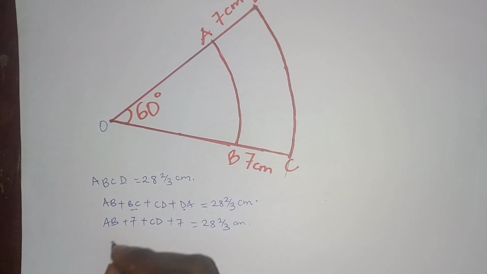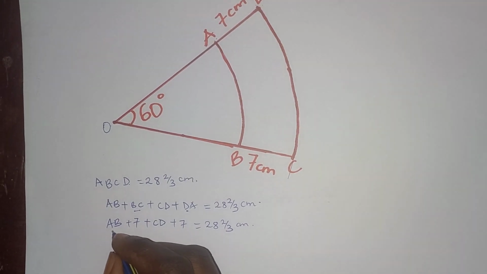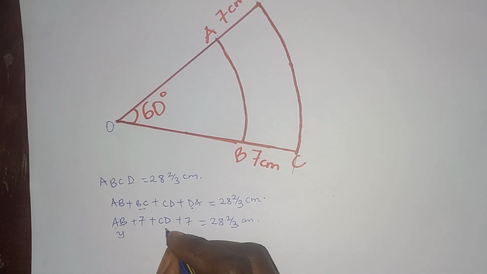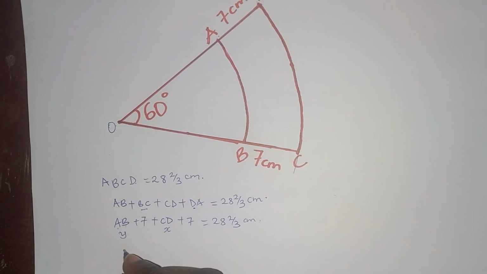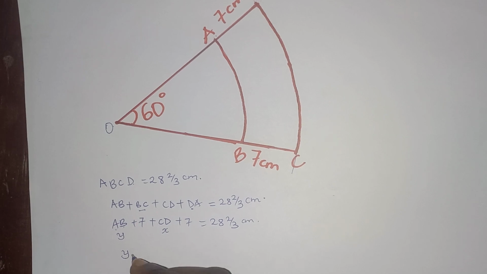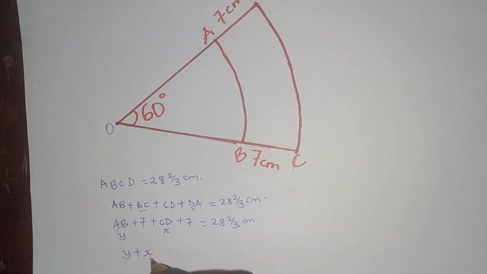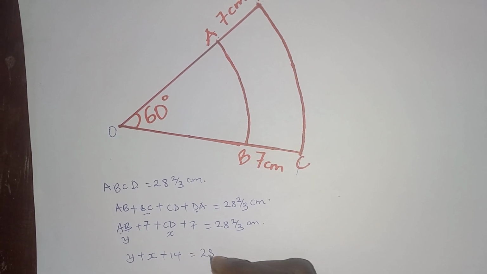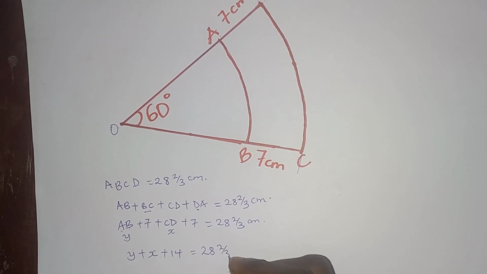So let's say that this AB, let's represent it with Y, and CD we represent with X. So Y plus X plus 14 is equal to 28 and 2 over 3.